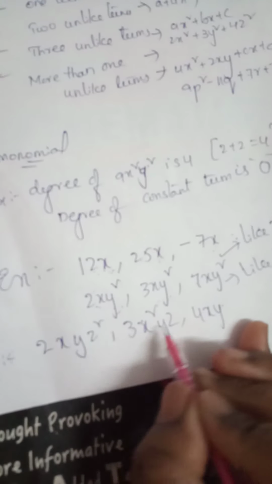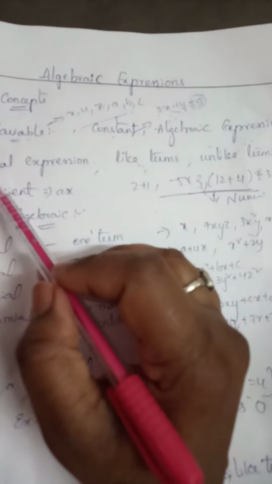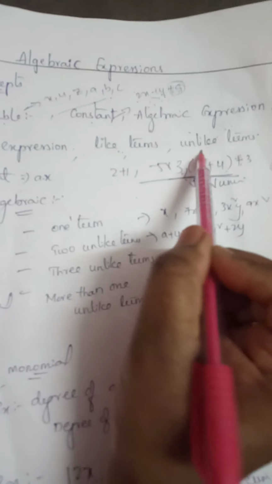Like this, if we have different variables in each term, we consider them unlike terms. Okay, understood everyone? About variables, constants, algebraic expressions, numerical expressions, like terms and unlike terms.